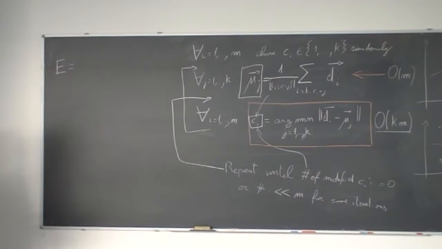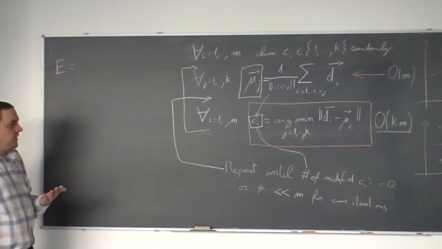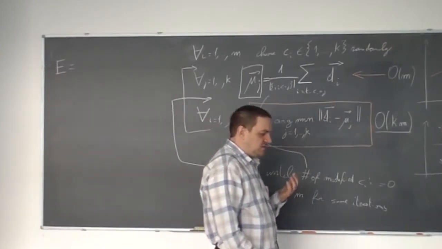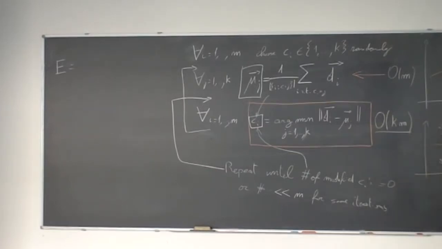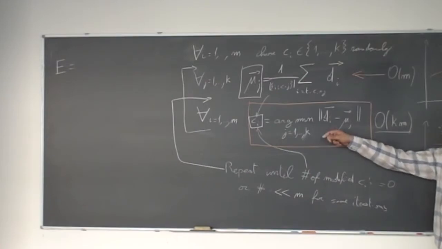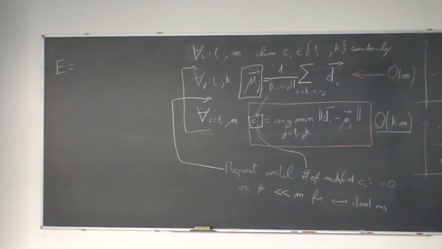Actually, we defined it for one cluster, but it's the same. So, what is the overall error that we have if we decide to replace each item di with its corresponding representative mu ci?